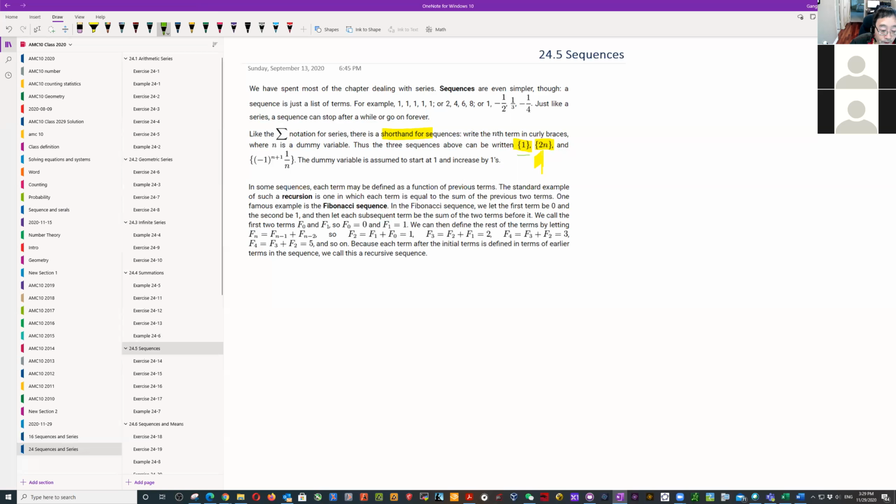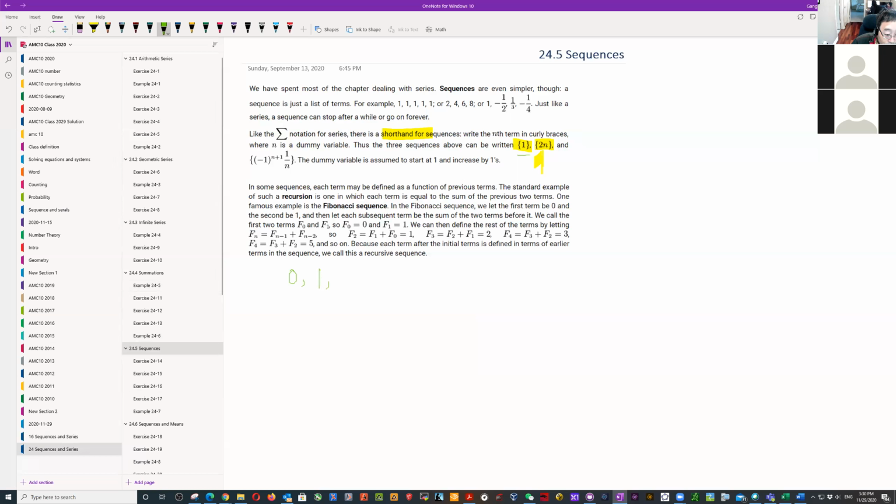And recursion starts from F0 equals 0 and F1 equals 1. After defining the first terms by fixed numbers, we define the rest by using a rule for how to build the next term. So Fn equals Fn minus 1 plus Fn minus 2. All it means is that we add the previous two terms to get the next term.